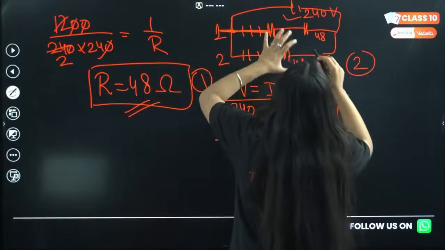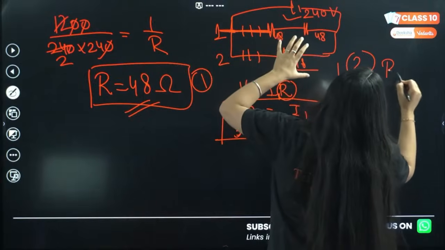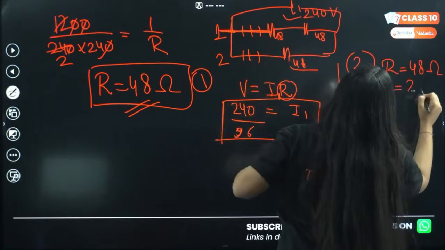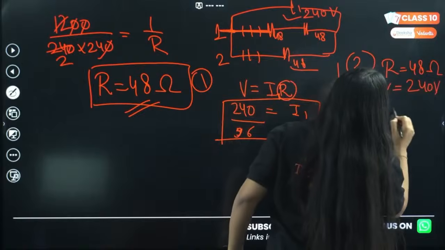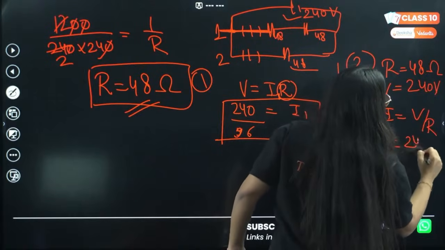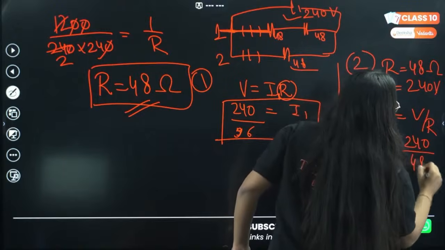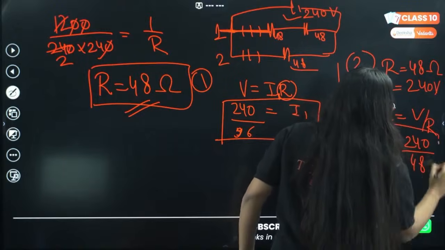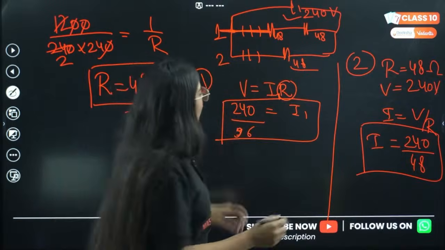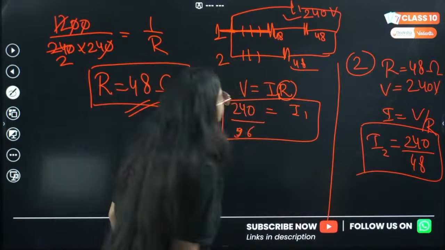In this one there is only 48 ohm resistance and the voltage is 240 volt. So my I will be V by R, and V will be 240 divided by 48. Now I know I1 as well as I2.